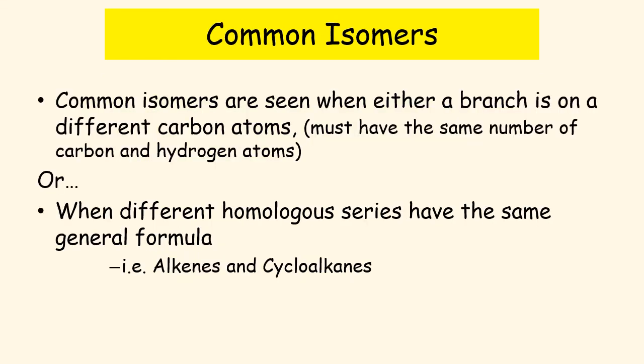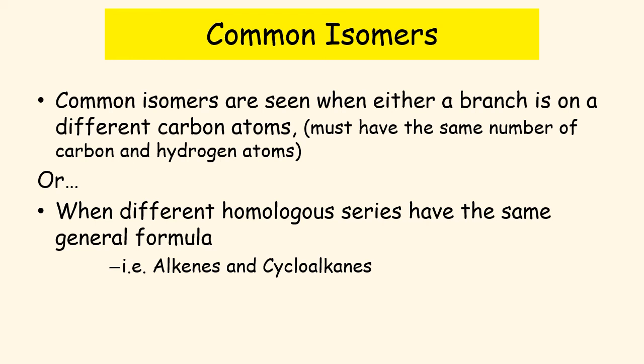And what you probably have noticed is that alkenes and cycloalkanes are going to be isomers of one another because they have the same general formula. But another way in which we can have isomers is a branched compound where the branch is just on a different carbon.